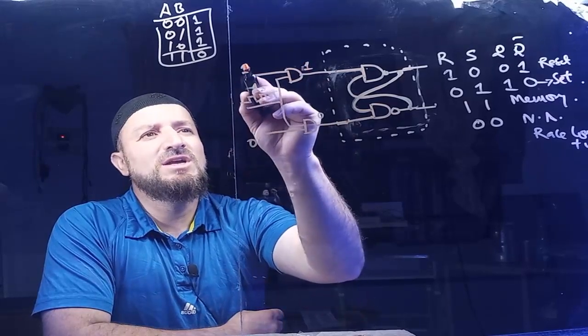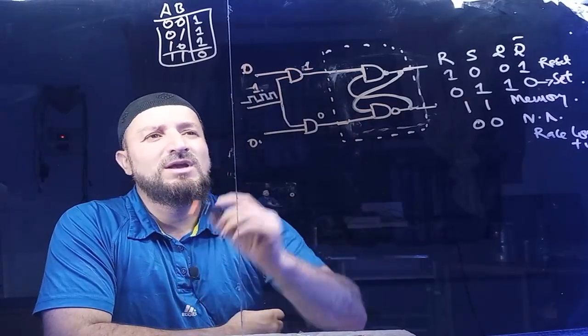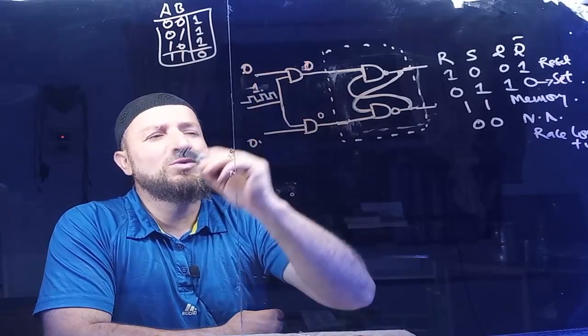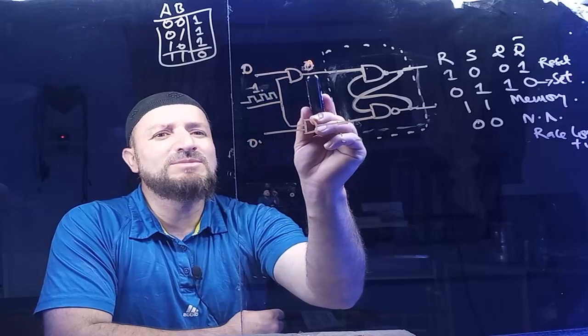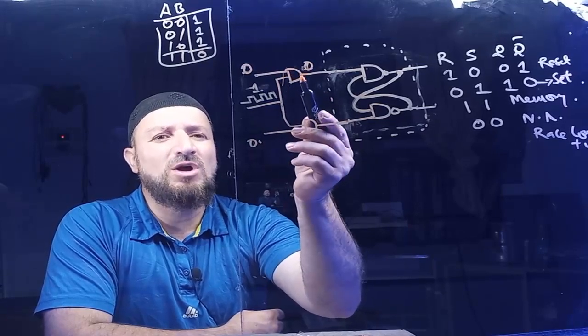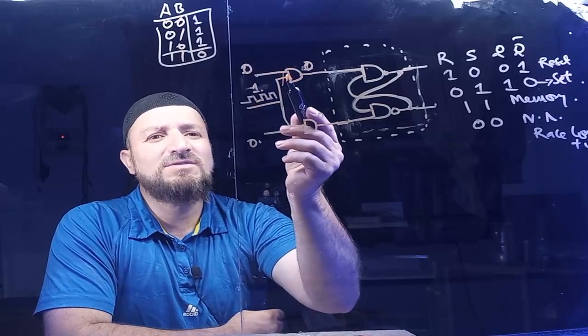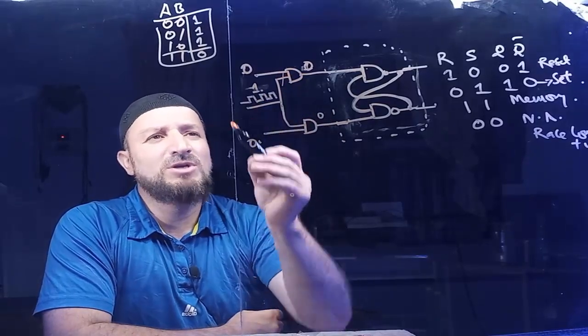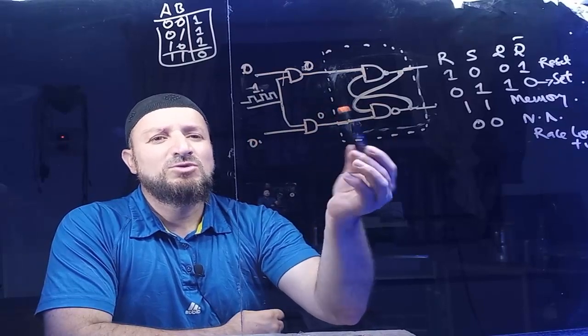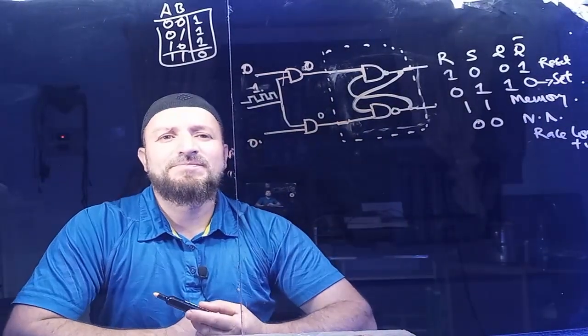Say suppose this was 0 and the clock is 1 now, 0 and 1 is 0 for the AND. So whatever is here, that comes here. So it becomes transparent now. It is as if it is not there. If the clock is 1, it is as if there are no AND gates there, because whatever is coming is going through. Okay, so this will give us the same result.